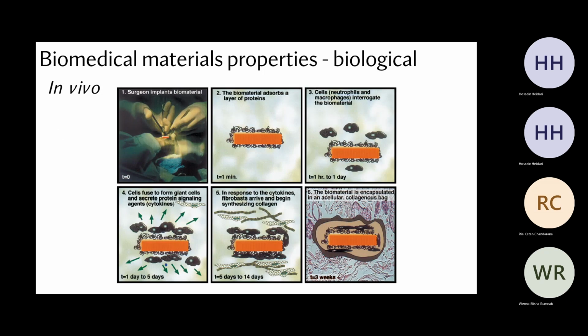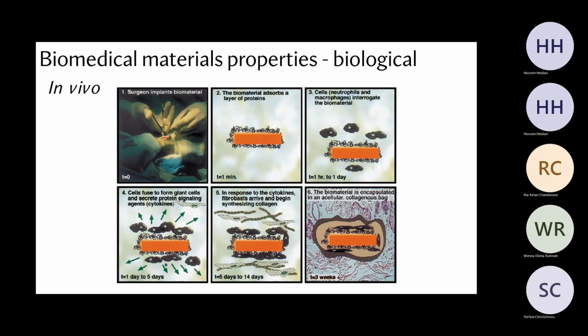But let's say we do in vivo, what will we do there? When you put an implant in the body, these are the phases that the implant is going to experience. The first phase is that the surgeon introduces it to the body. The first thing that happens is that proteins, very tiny molecules relative to everything else, adhere to the surface and form a cloak around it.